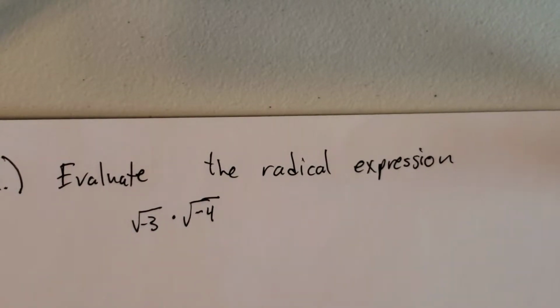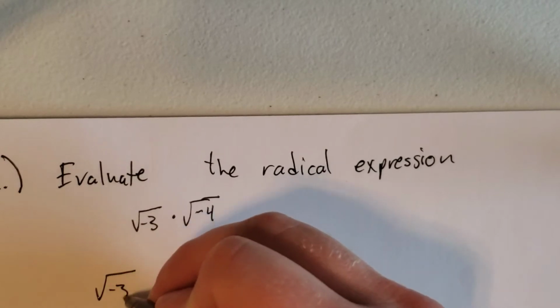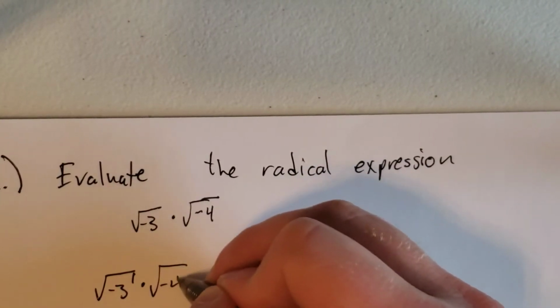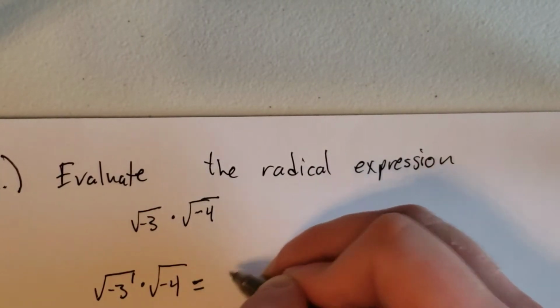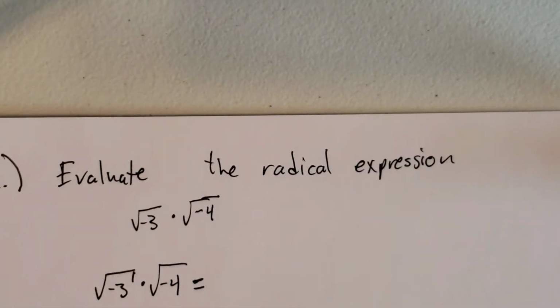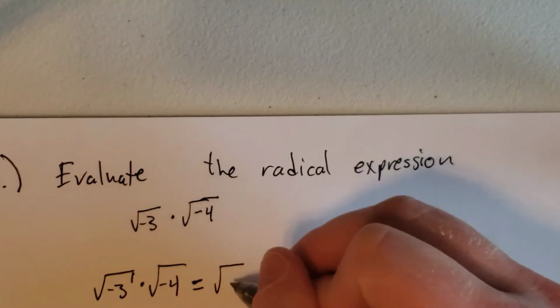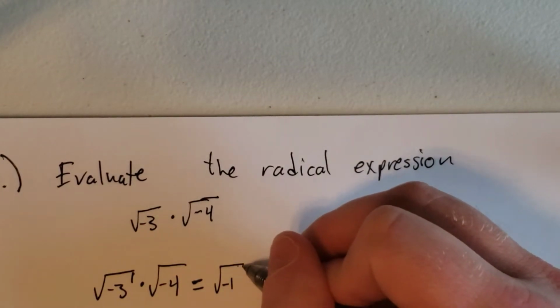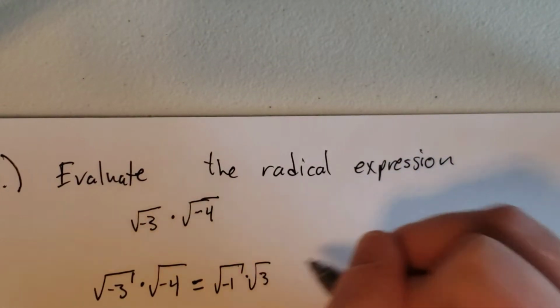Well, to do this, we want to rewrite it. What is the square root of negative 3? This is the square root of negative 1 times the square root of 3.